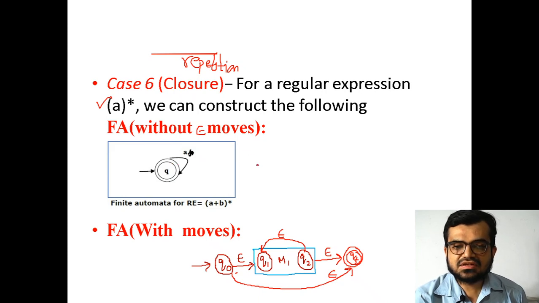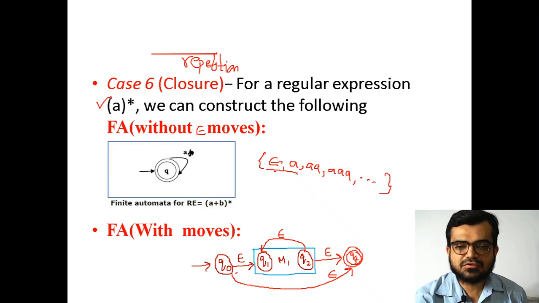That means the pattern it follows, as it is A star, is either epsilon, or A, or AA, or AAA, and so on. This type of pattern it follows by A star, I mean A closure, A repetition. These strings will be validated by this finite automata, but this is without epsilon moves.